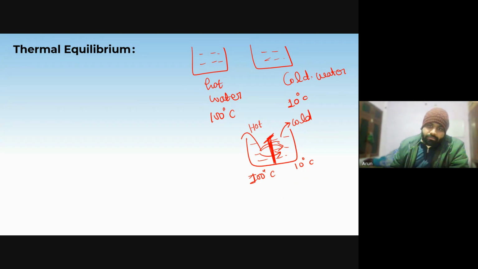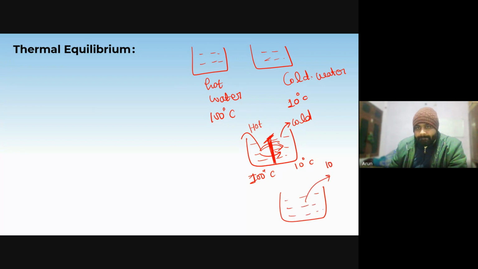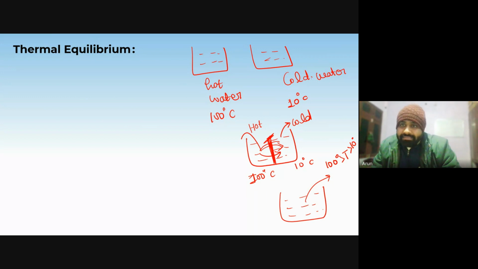So now, if I measure the temperature of this system, it will be less than 100 degrees Celsius, but greater than 10 degrees Celsius, which means hot water has lost some heat and cold water has gained some heat.